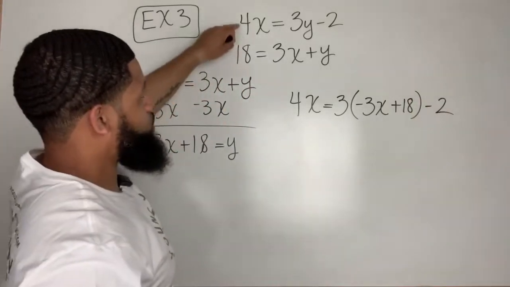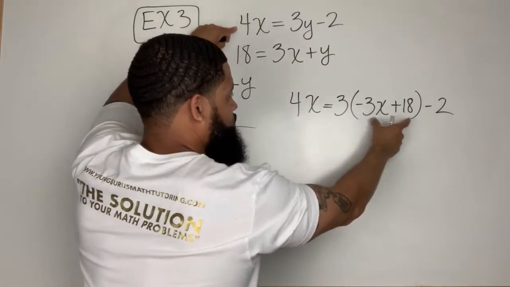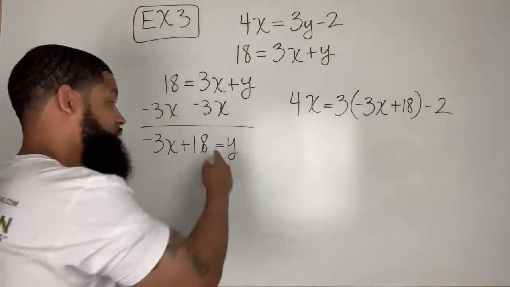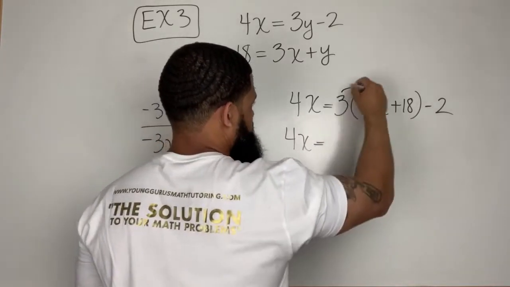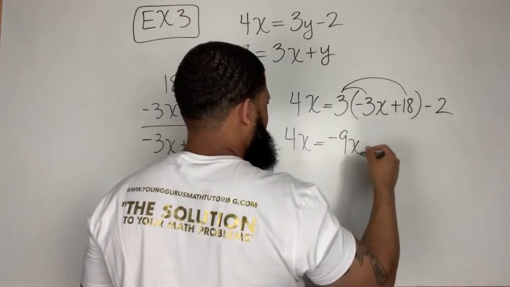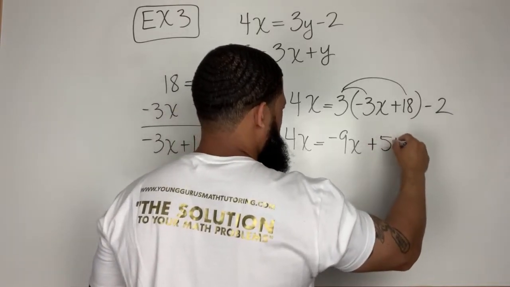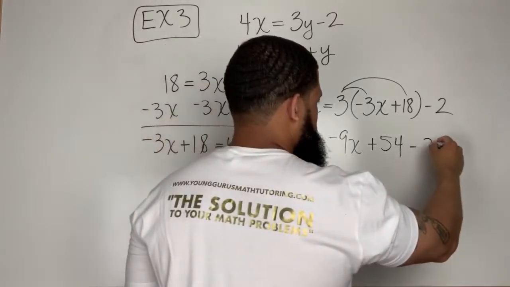I rewrote this equation, 4x equals 3y minus 2, but instead of using y, I use negative 3x plus 18 because that's the value of y. So I have 4x equals, distribute here, negative 9x, 18 times 3 is 54, and then minus 2.